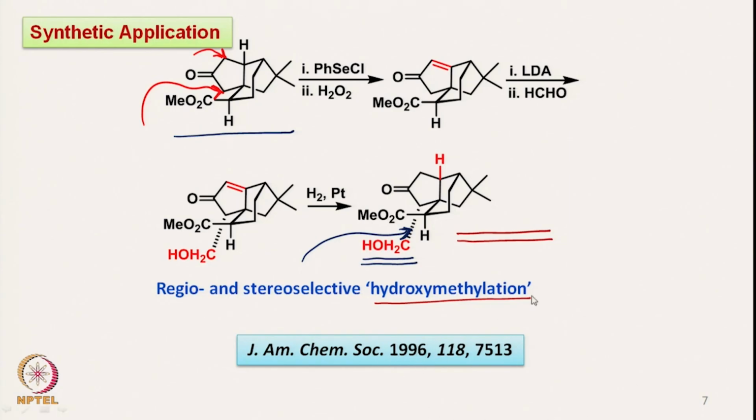So one of the ways by which this reaction was carried out, which is reported in 1996 in the Journal of the American Chemical Society, is that first the selenium was introduced at this carbon, which is what is required to introduce a double bond here. Once the double bond is introduced, this side of the carbonyl group is now blocked.